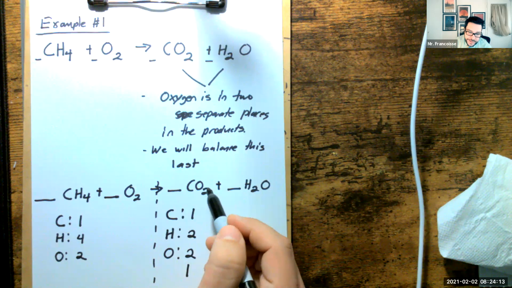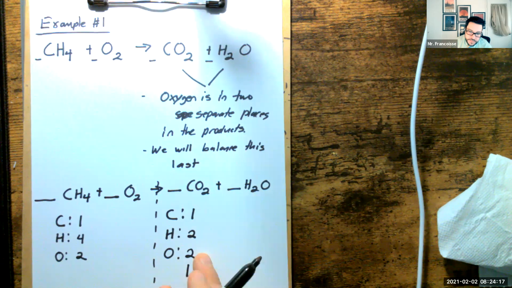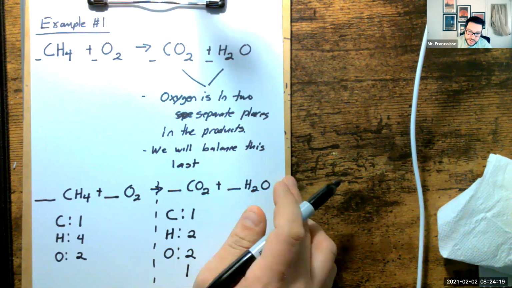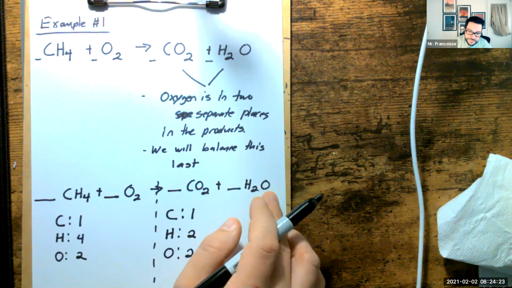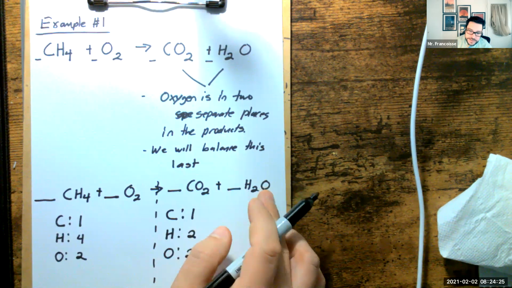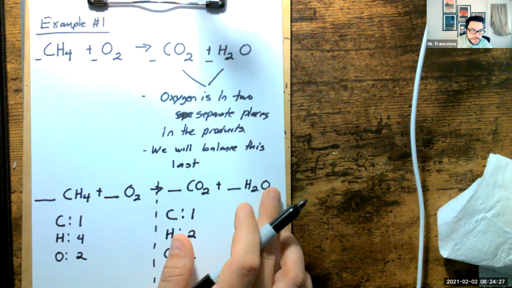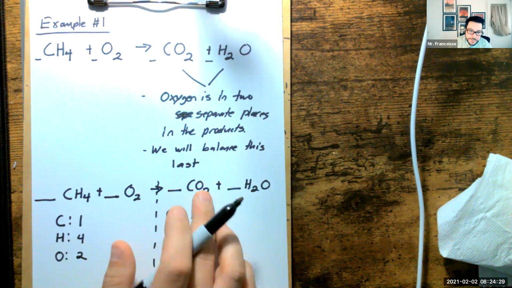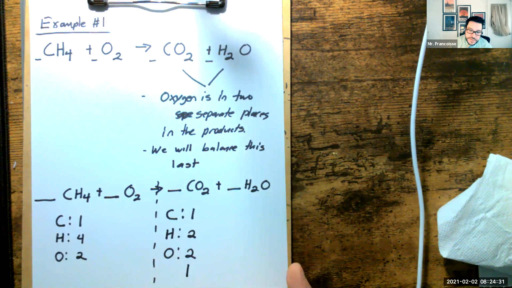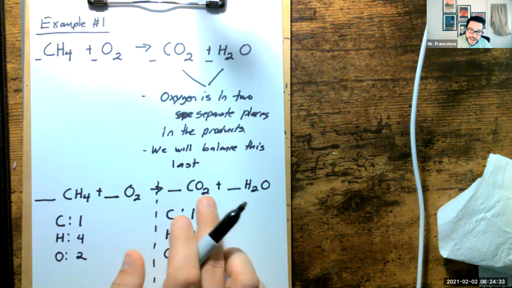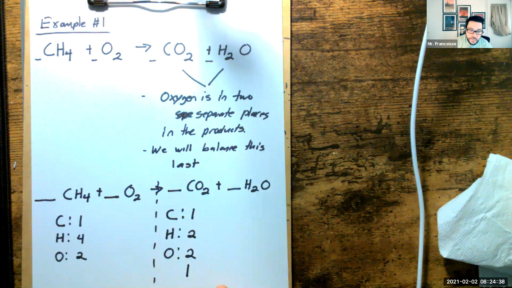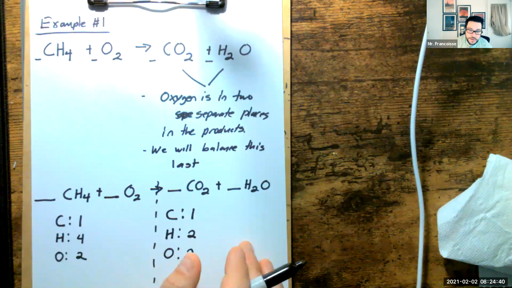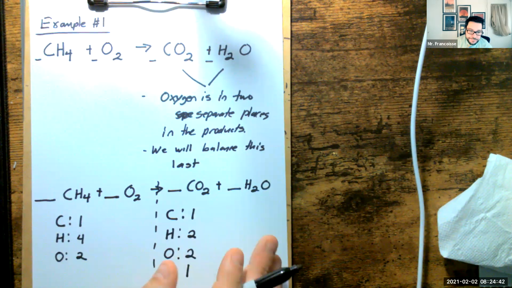But it's only going to affect this oxygen, this 2. Same with this one. If I put like a 7 here, I'd have 7 oxygen now, because it multiplies by 7, but I'm only multiplying this by 7. I'm not multiplying this by 7 or whatever I multiply by. So it's important to keep these 2 separate. So if you have an element in 2 different places, keep it separate for now. We're going to add them together at the end, but you'll see why in just a second.